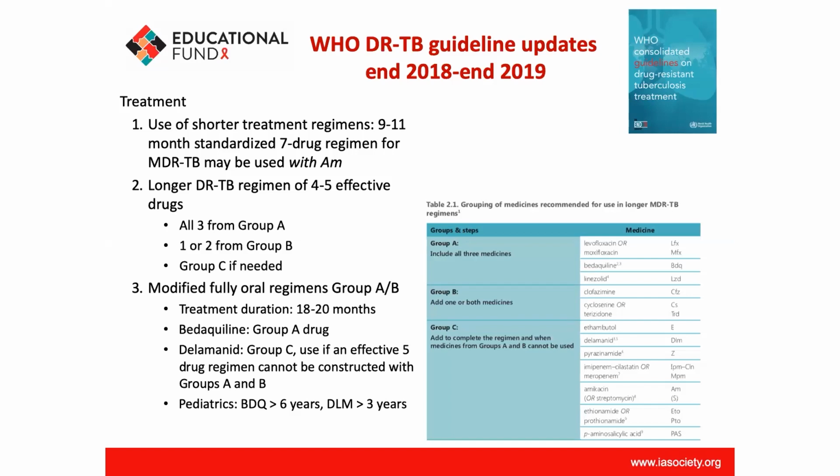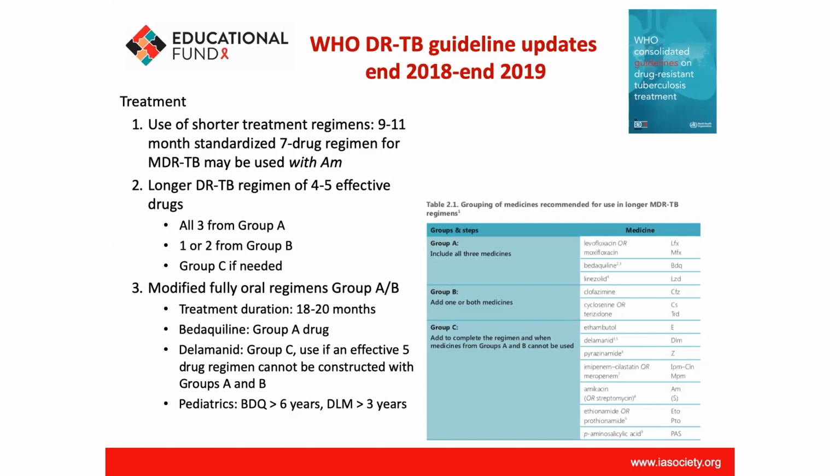So it's no longer that all the quinolones are grouped together or all the injectables are grouped together and so on. And it was strongly recommended that countries move towards all oral treatment regimens using all 3 drugs from Group A that you see listed there, and then including the 2 from Group B if possible, and then adding in Group C drugs if needed.